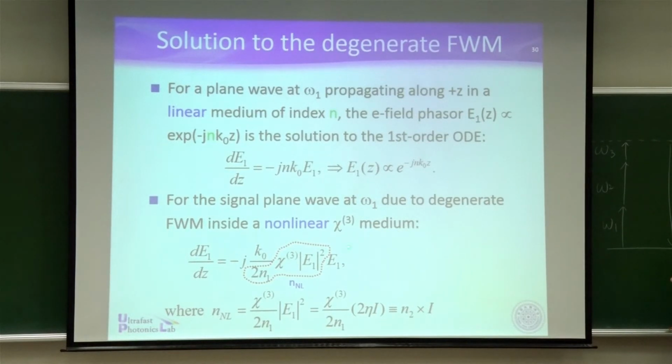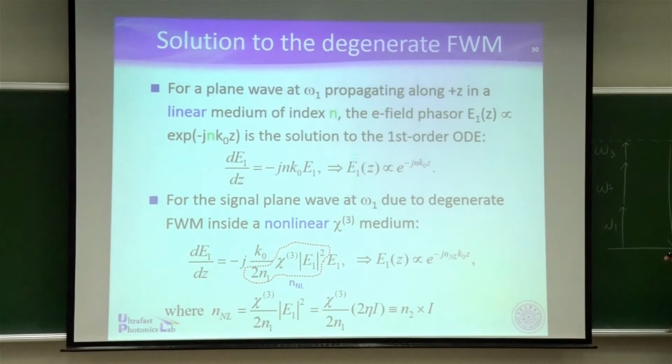As long as you can replace this one by a number, say n sub nl, the nonlinear index. And of course, the nonlinear index is equal to Kerr constant over 2 n1 times E1 absolute square. By comparing the coefficients, you can know that.